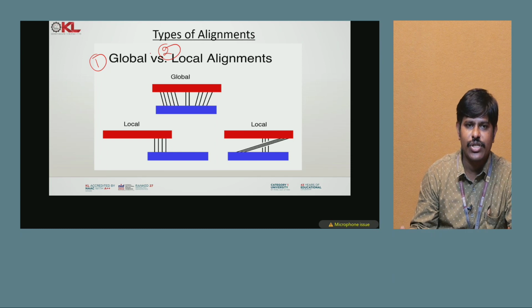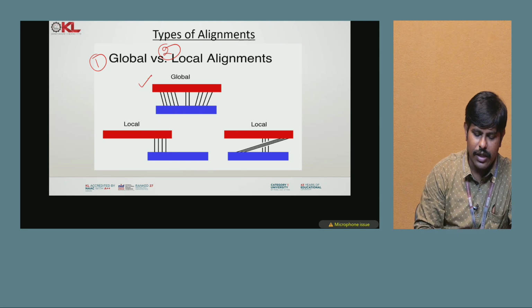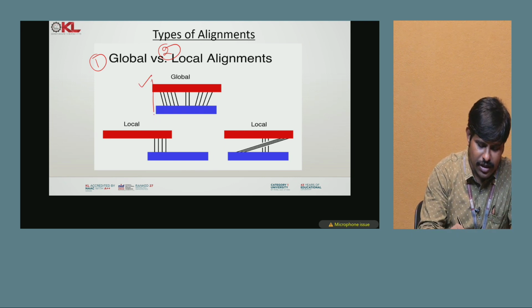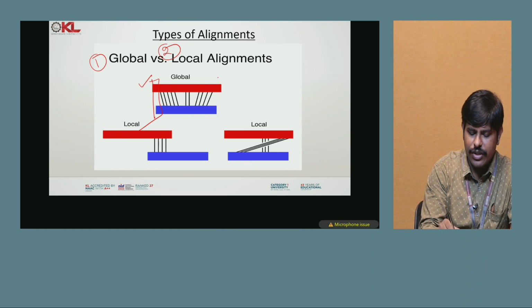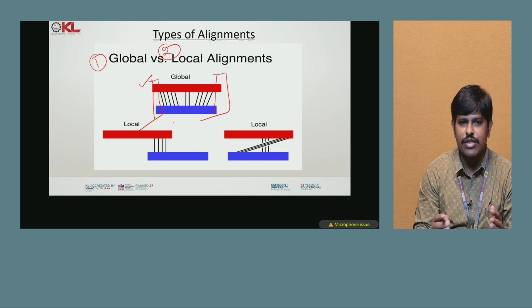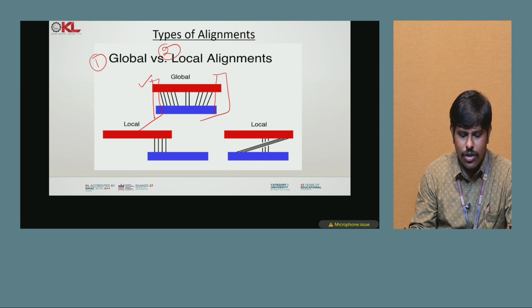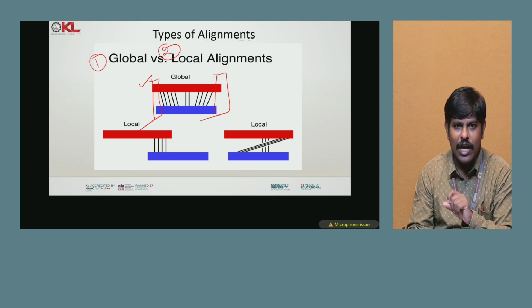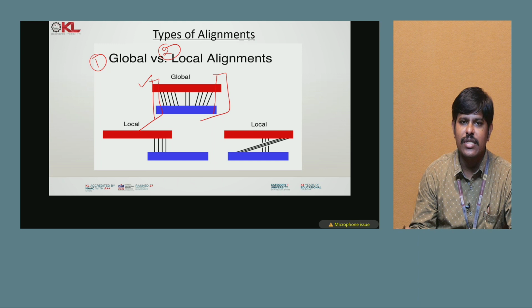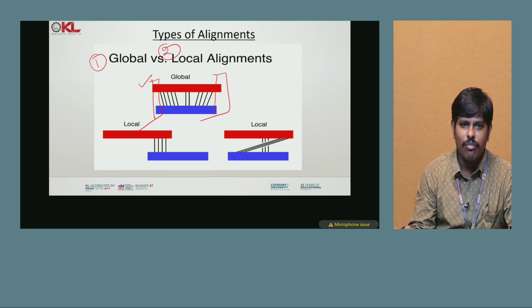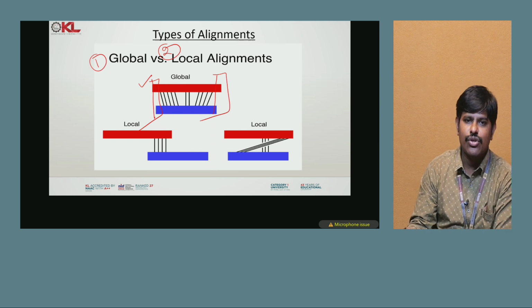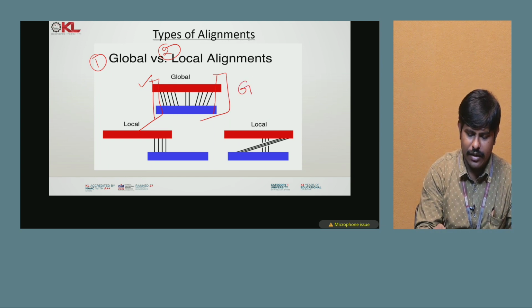In global alignment, we take the first sequence's start and the second sequence's start, and also the first sequence's end and the second sequence's end, and try to compare as much as possible of the total length of the two sequences. During the process you can insert gaps in the two sequences and adjust the lengths so that they are properly aligned from beginning to end. That is called global sequence alignment.